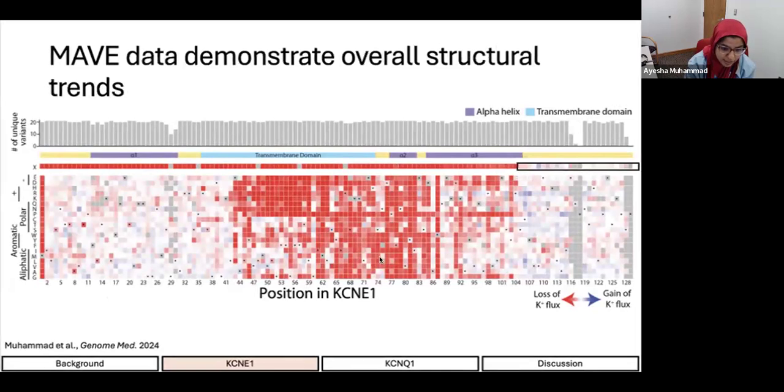And then we also have these 2 intracellular domains, which also appear relatively resistant to variation. I'd also like to draw your attention to the nonsense variants at the tail end of the protein that have normal function scores, indicating that this tail is dispensable for the overall function of the protein.